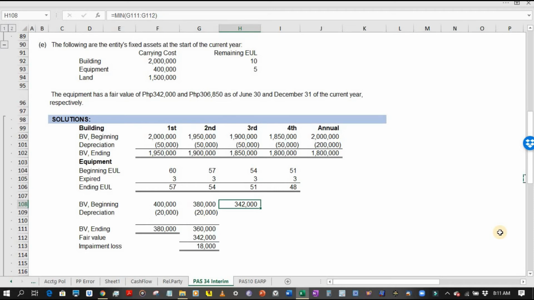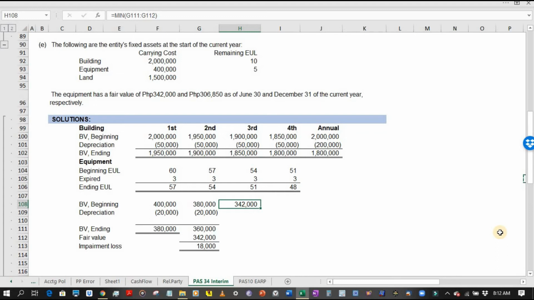And just be reminded, we are applying the cost model. So for this purpose, since the problem is silent as to the accounting policy when it comes to fixed assets, our assumption will be the cost model. Now, for the third quarter, when we compute the depreciation expense, our remaining depreciable cost is 342,000 pesos. That is the carrying value at the start of the third quarter because we have no residual value. So similar to the first quarter and second quarter, the carrying value is also the depreciable cost because there is no residual value.